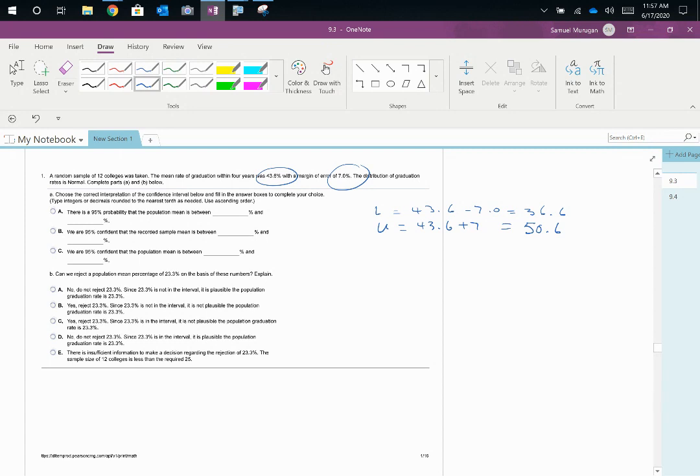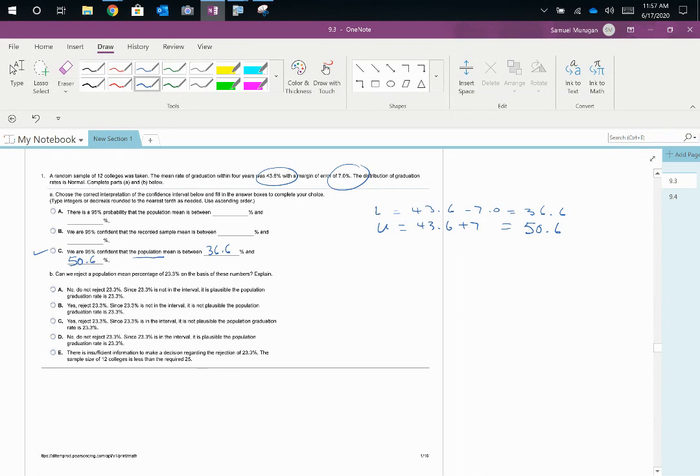So if we're writing this, we want to say always we are 95% confident that the population mean is between 36.6% and 50.6%. See how easy that was?